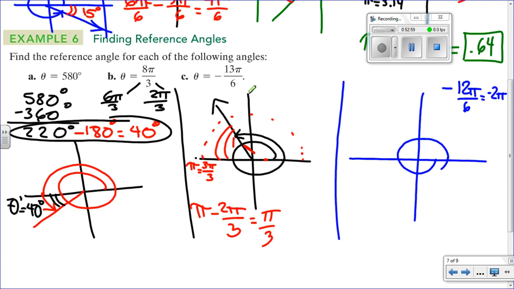Like an extra 1/6 of a pi. So right there. Okay, so that little extra that we went past, that's actually going to be a reference angle. Because remember, with a negative or positive? Positive. Always positive. So right here, the reference angle is positive pi over 6.